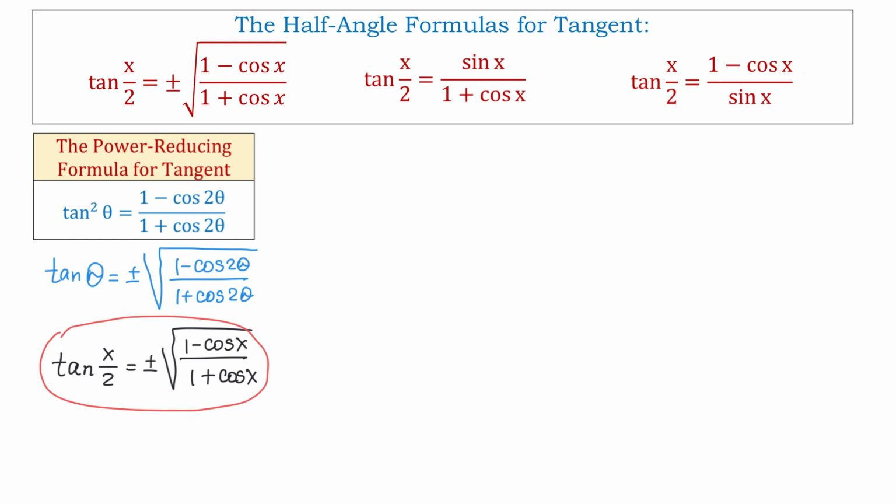We have a few different methods of proving them, and one approach to derive the first formula is to write tangent of x over 2 as sine of x over 2 over cosine of x over 2. In the next step, we will multiply both the numerator and the denominator by 2 cosine of x over 2.